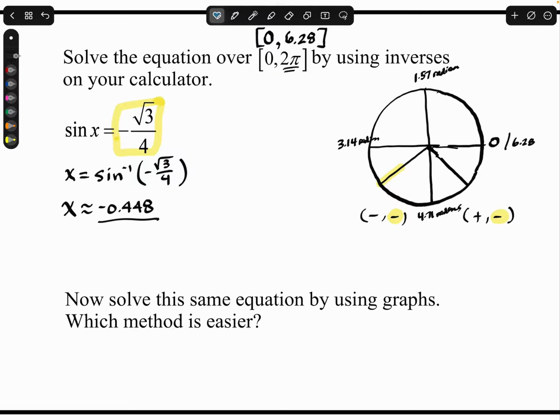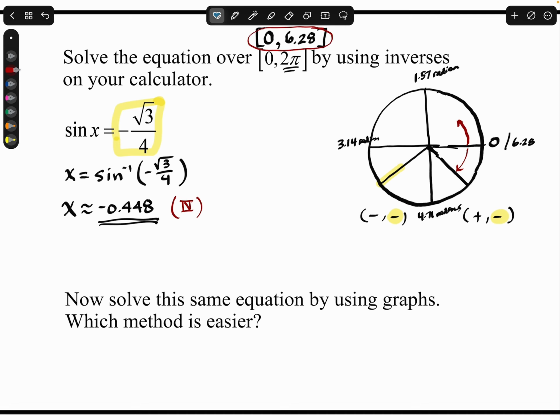Well, this is a negative. What quadrant would that fall into? So remember, our positive angles usually go this way, and our negative angles go this way. So negative 0.448 is a fourth quadrant angle. However, it does not fall in this interval from 0 to 6.28.